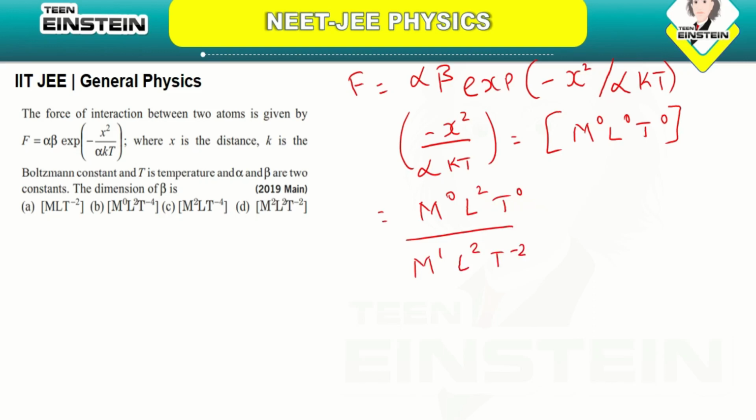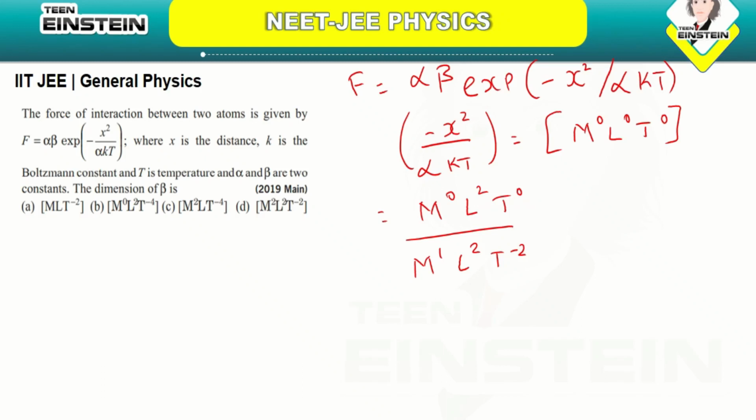Okay. So first thing is you are writing the force equation given, alpha beta exponential minus x square by alpha kt, and we know that the exponential terms are always dimensionless. So the dimensions of minus x square by alpha kt will be equal to m0 L0 and T0, and dimensions of alpha will be equivalent to the dimensions of x square by kt.